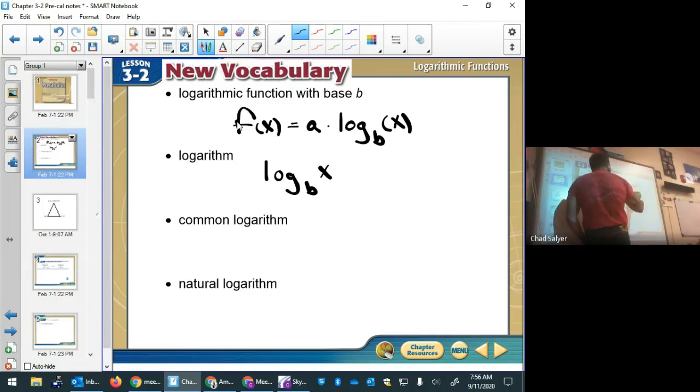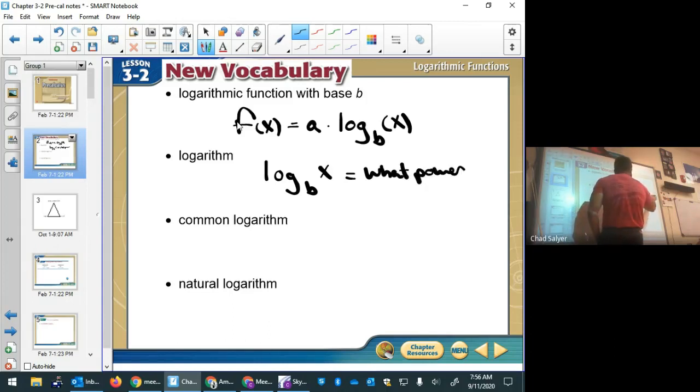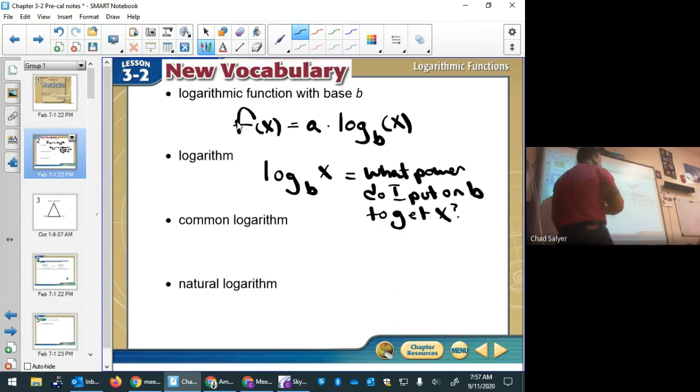But it asks the question, what power do I put on b to get x? What power do I put on the base to get the argument?